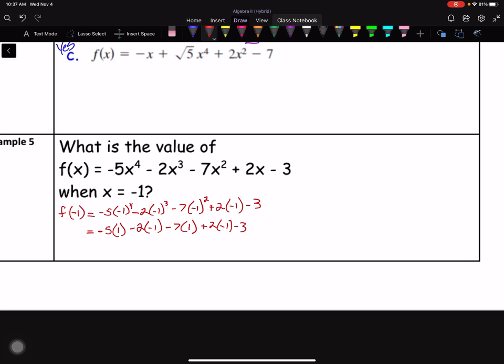So I just took care of all the exponents right away. So now -5 plus 2 minus 7 minus 2 minus 3. So now I multiplied those two, those two, those two, and those two. And then if you just do the addition or subtraction, you will end up with -15 as a final answer.